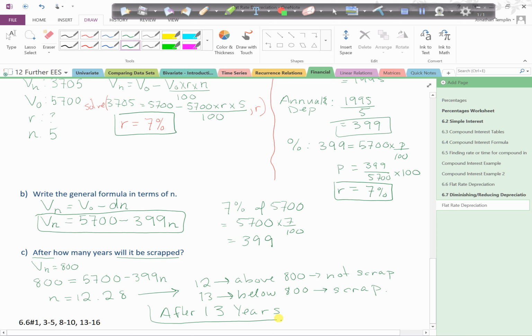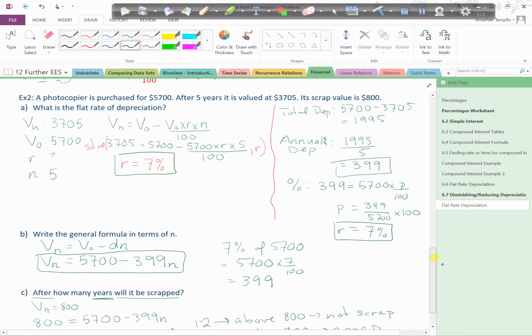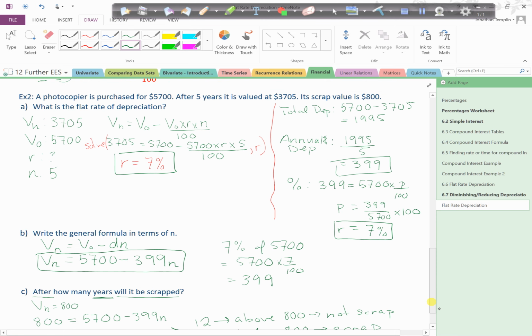Because at 12, it's still above the threshold. It's not until the 13th year that it is scrapped, and it does specify after how many years, so it's not wanting to go through quarters or anything like that. Okay, so that's how we can use the general formula to solve some problems.